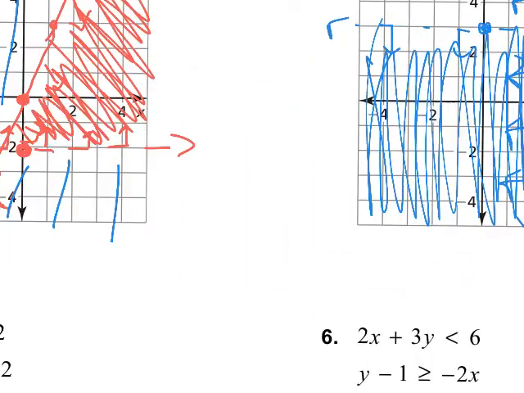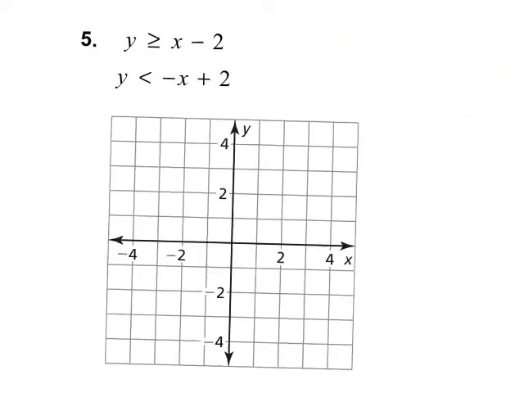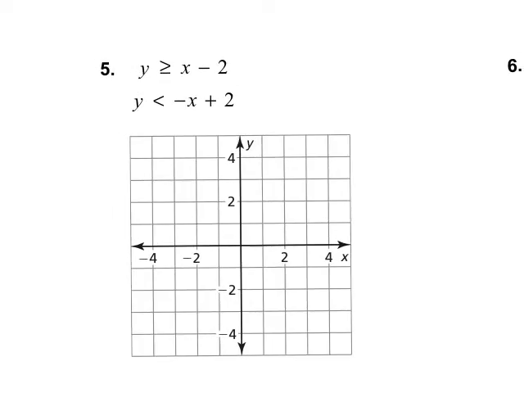Okay, let's look at 5. So top line, the y-intercept is -2. The slope is up 1 over 1. It is a solid line because it is equal to. And it says y is bigger, so I would be shading up above. So I'm going to put my up arrows.